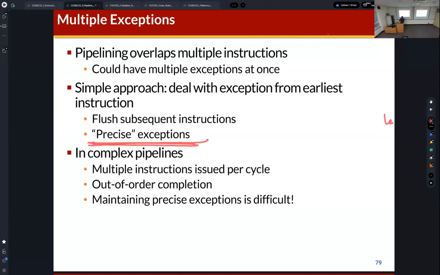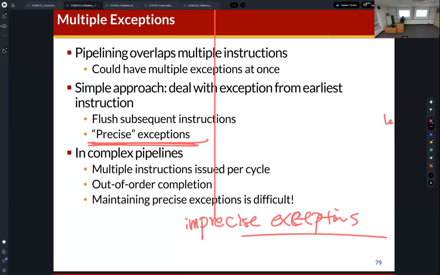Then what kind of other exceptions? Imprecise exceptions. In the imprecise exception, the exceptions cannot be in the order of instruction.